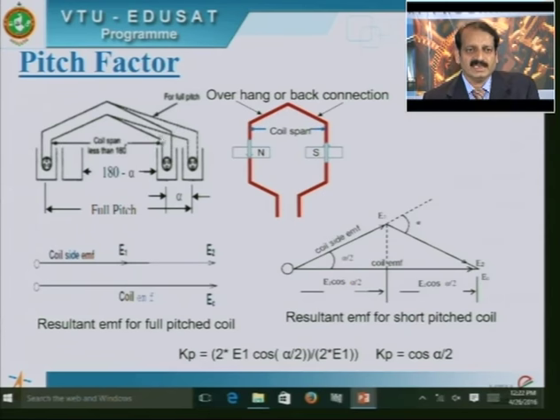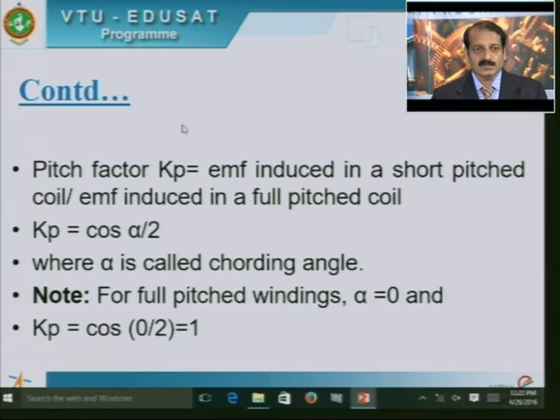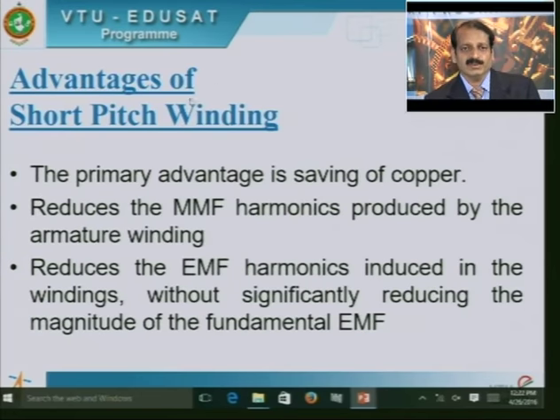This can be directly compared, and because of this we save a lot of copper as far as the end connections are concerned. The other advantage is that it reduces the harmonics in the MMF of the armature winding.